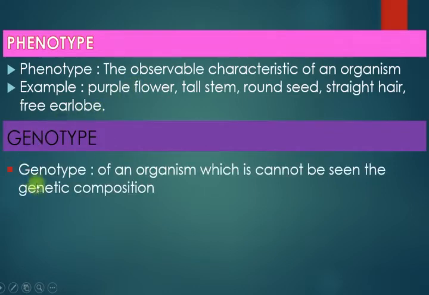What is a genotype? Genotype refers to the genetic composition, which cannot be seen. So the genotype is a characteristic that we cannot see.